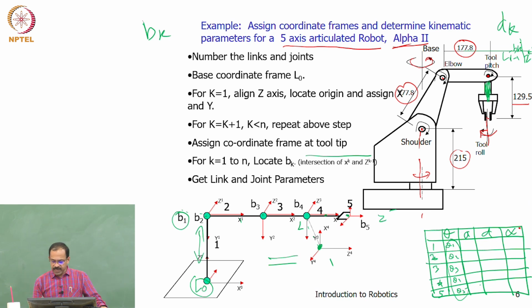So d1, you will see that the distance from here to here measured along this axis is given as 215 here. So d1 will be 215.